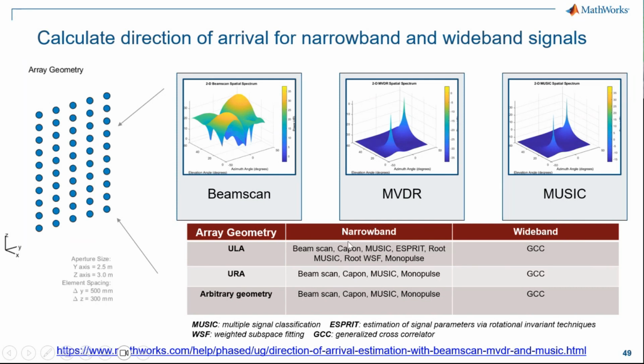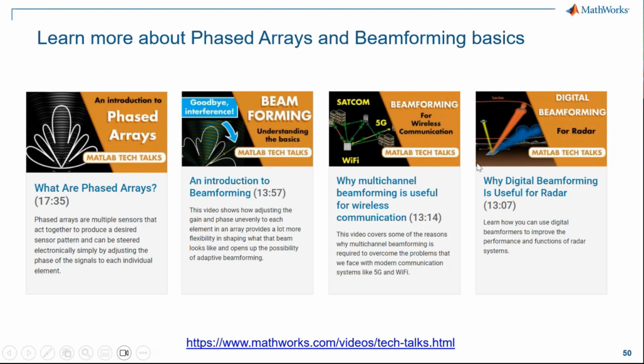You can use those algorithms on linear, rectangular, or arbitrary geometry. So here we just show which one works well with which geometry, and there are also additional techniques for wideband. So this is out of the box, again, with examples to show you how to use those tools.